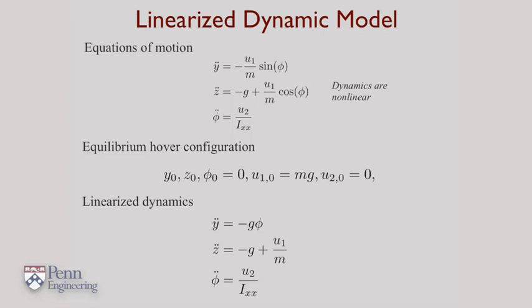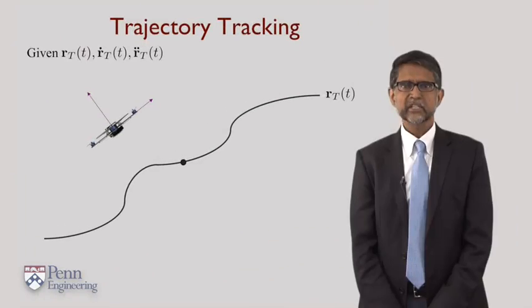So when phi is close to 0, sine phi behaves roughly like phi, and cosine phi is roughly constant. If you replace sine phi by phi and cosine phi by 1, you get the linearized equations that you see below.